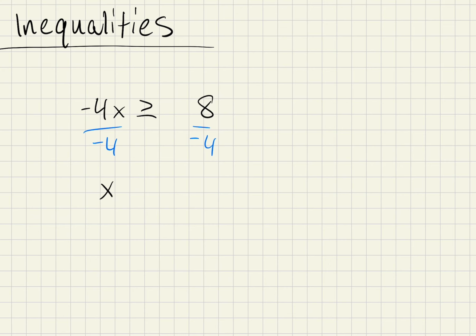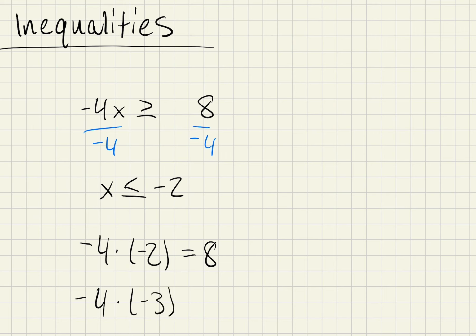And then we get x is smaller than or equal to negative 2. Okay, so anytime x is less than negative 2 or equal to negative 2, then negative 4 times x will be greater than or equal to 8. So for example, if x is equal to negative 2, then negative 4 times negative 2 is 8. If it's negative 3, then we see it's 12. So again, we're multiplying those two negatives, which will give us a positive value, because a negative times a negative is a positive value.